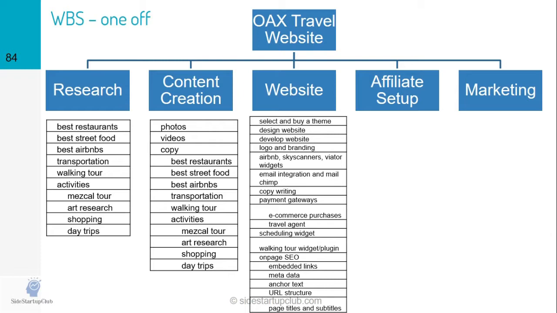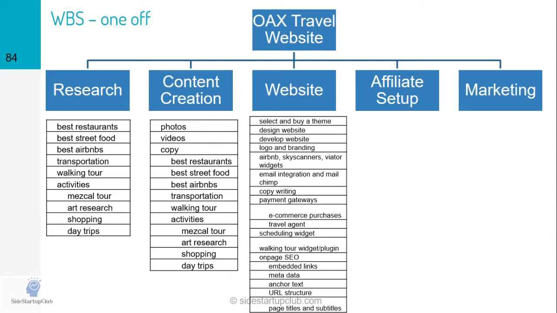So I need to design the website, you need to develop the website, you need logo and branding and your color scheme, you need Airbnb, Skyscanner, and Viator widgets and integrate those widgets, you need email integration and MailChimp integration, you need to do copywriting and the photos that you're going to see at the landing page, you need to integrate your payment gateways, and that breaks down to the e-commerce purchases as well as the travel agent. You need a scheduling widget so that they can automatically schedule that travel agent consultation.